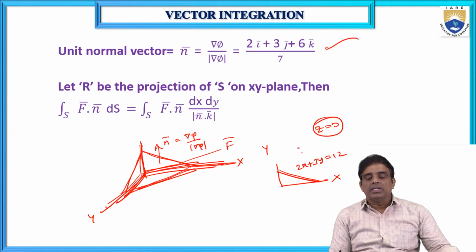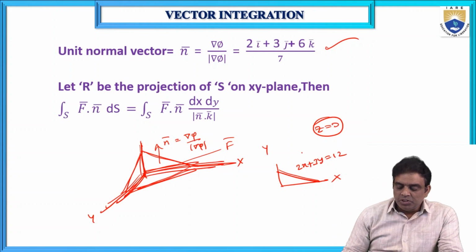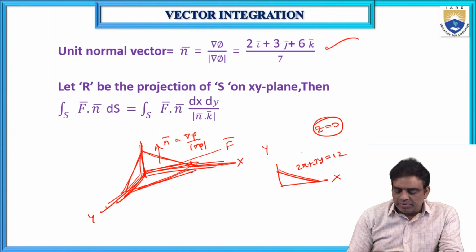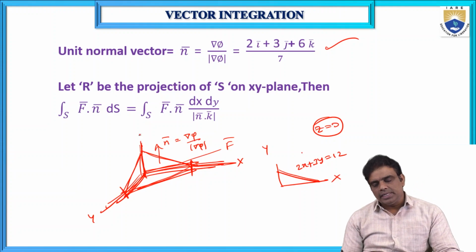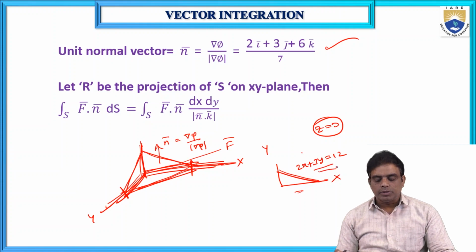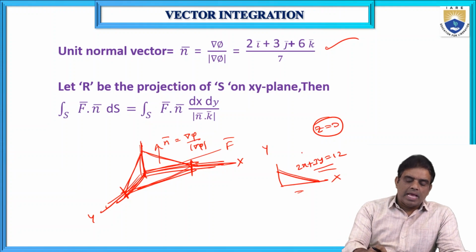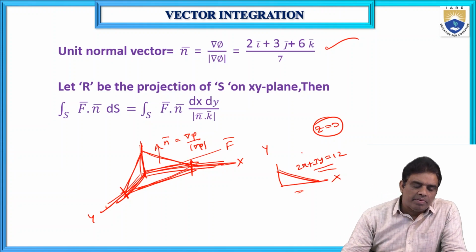So the given equation is 2x plus 3y plus 6z is equal to 12. On the xy plane, x will touch at 6 and y will touch at 4, but there is no z because it is defined in the xy plane. So the equation will be 2x plus 3y is equal to 12. So clear? Already we have calculated n bar, the unit normal vector.